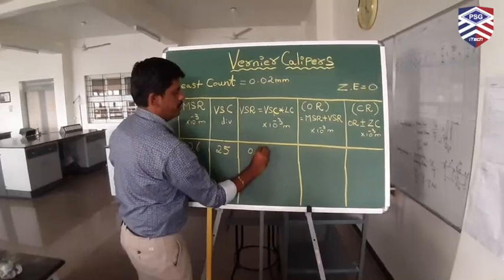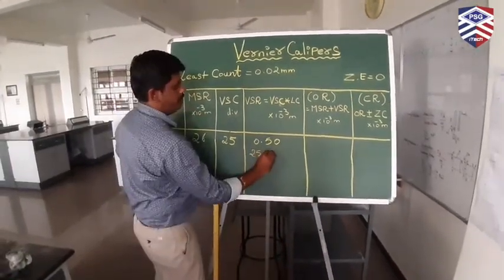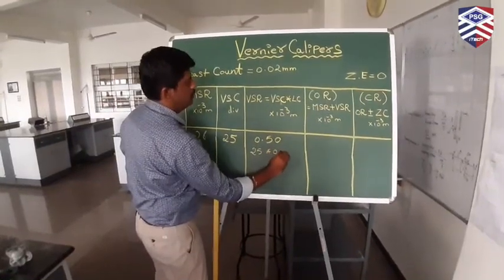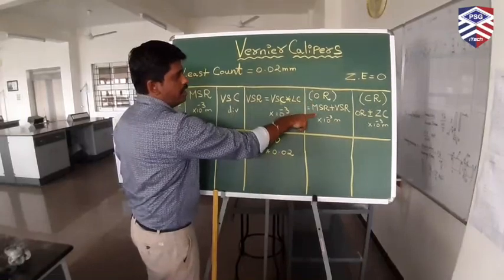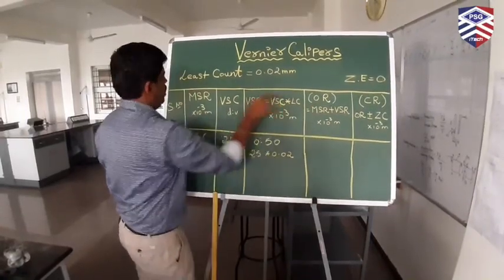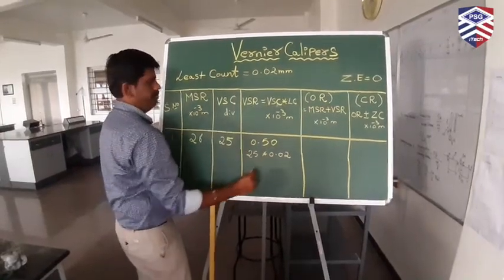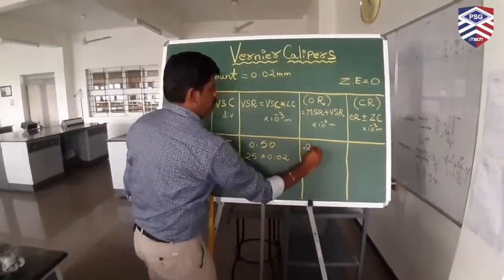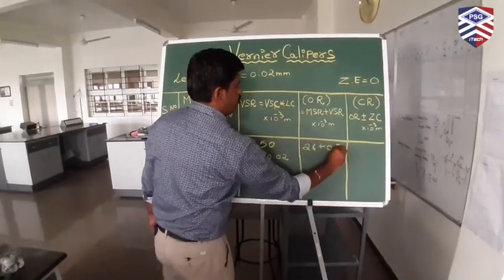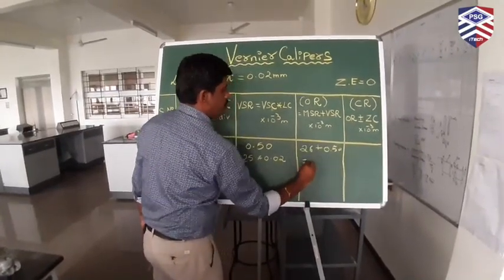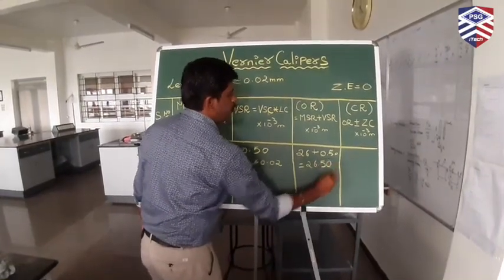0.50, 25 into 0.02. Now the original reading can be written as the value of main scale reading plus vernier scale reading, which is nothing but 26 plus 0.50, which is equal to 26.50.